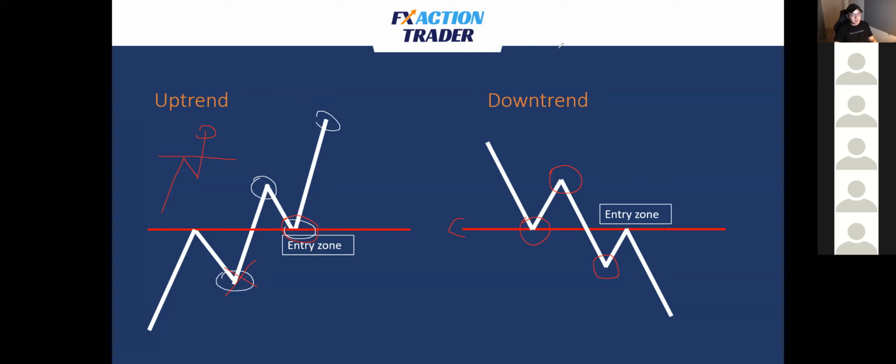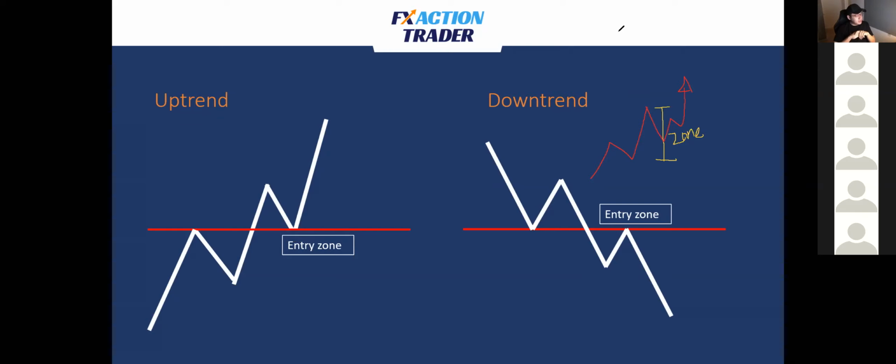So in other words, when we have market like this, these are the zones where we look for our buy entry. So we're expecting a pullback and continue to make new high because market is in an uptrend condition.